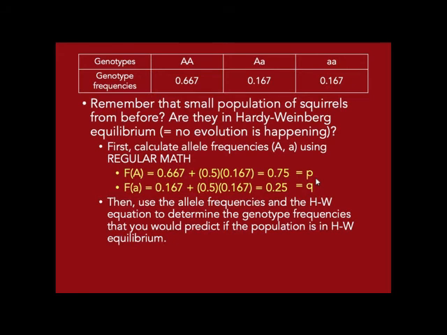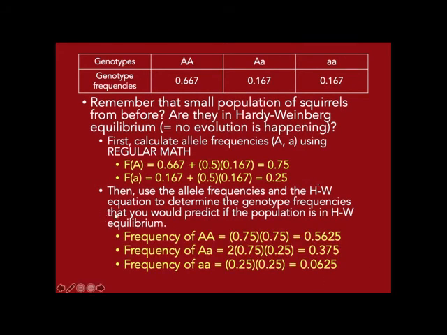Okay, so let's do that. So the frequency of big A big A is P squared, right? So it's P times P, and that is 0.565. The frequency of big A little a is 2 times P times Q, and the frequency of little a little a is Q squared.